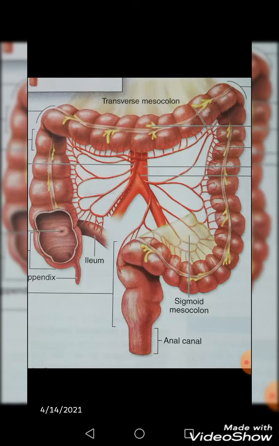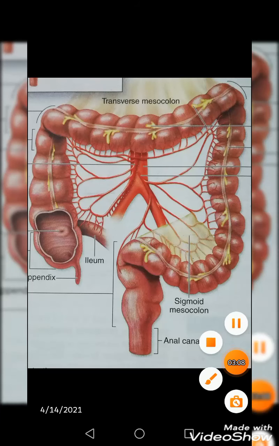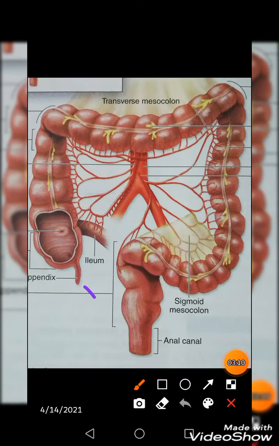You can see all the regular four coats would be there. The innermost is the mucosa, and next to it definitely will be the submucosa. The third is the muscularis externa, and finally the serosa or adventitia wherever they are required.